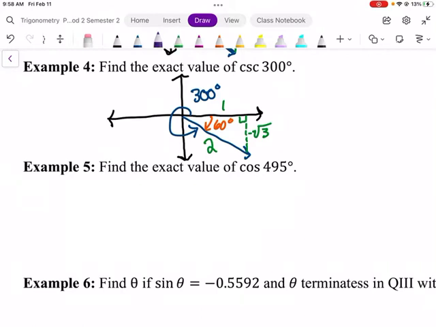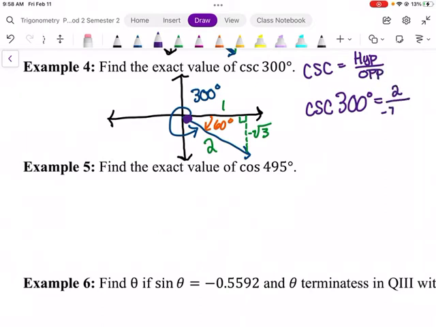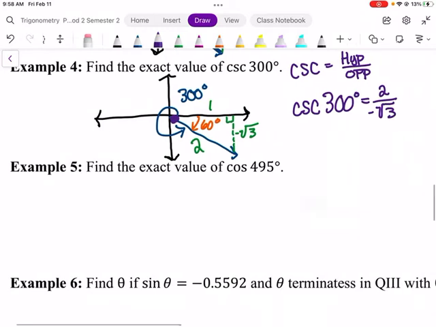And this time we are finding the cosecant of 300 degrees. So cosecant is going to be our hypotenuse over the opposite side. So this one would be 2 over negative square root of 3.